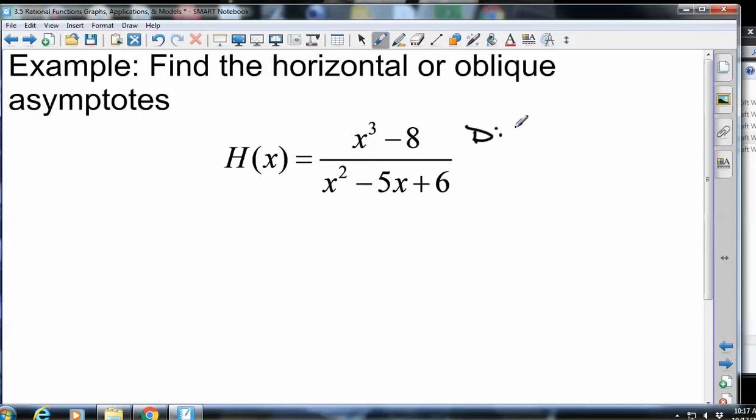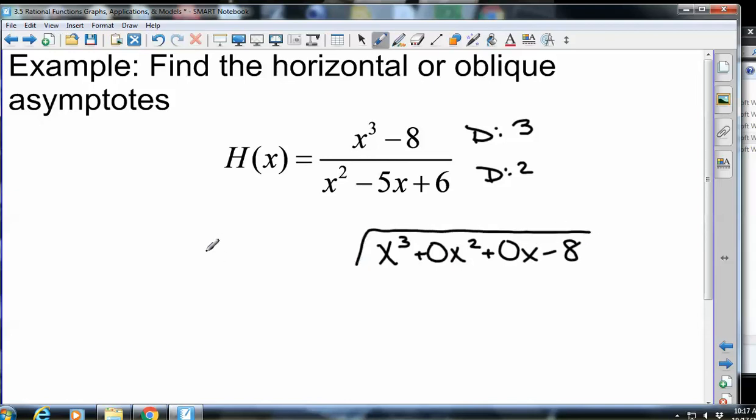What's the degree on the top? Bottom? 2. So what do we have to do? Long division. It's oblique. Okay, x cubed divided by x squared.